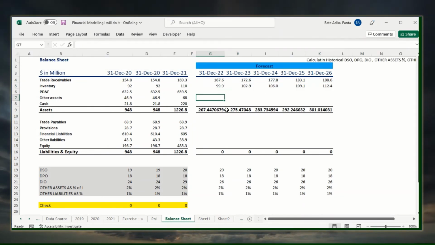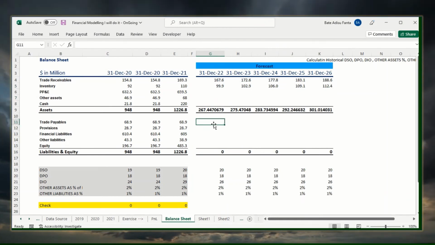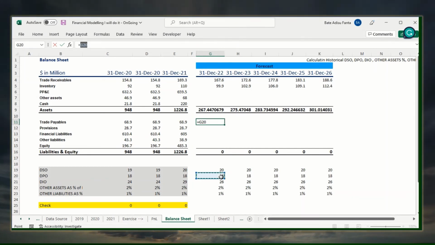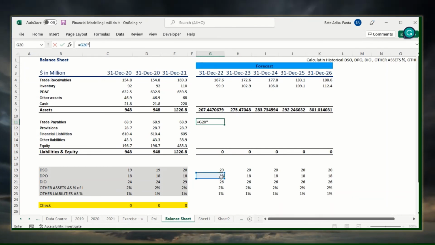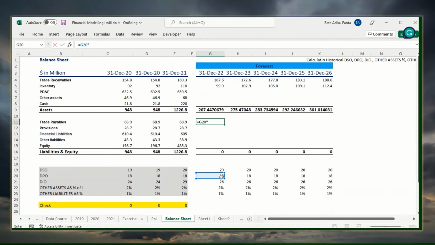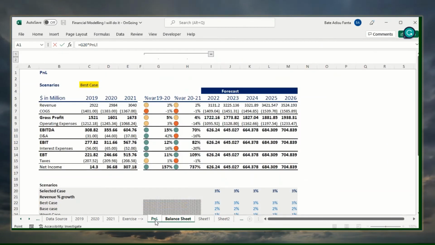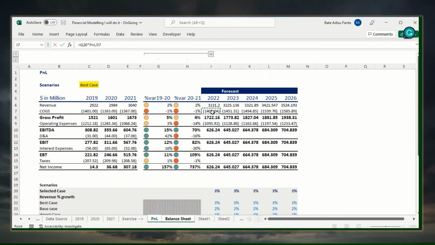That's okay. So let's go to trade receivable, equal sign. Which one do we take for trade? We take DPO, which is here, and we multiply it by COGS. Don't forget, COGS from the PnL statement. We take this one, and then we divide it by 365.